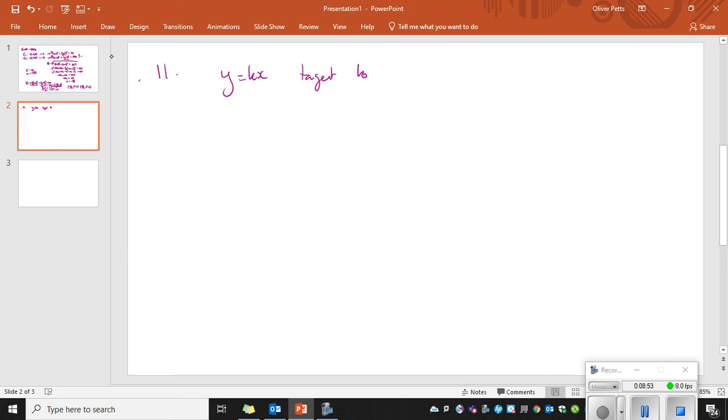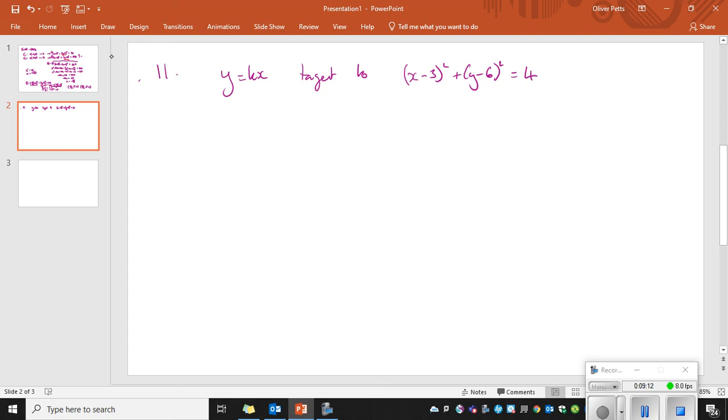So straight away I'm going to write a circle equation for that. A center of 3, 6 would have a circle equation of x minus 3 squared plus y minus 6 squared. And the radius is 2, so 2 squared is equal to 4, so that's my circle equation.